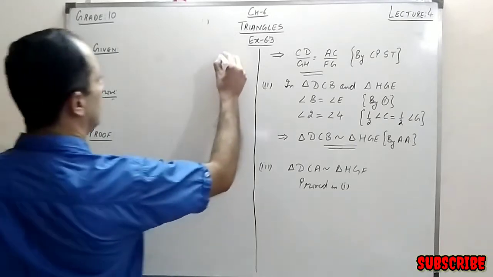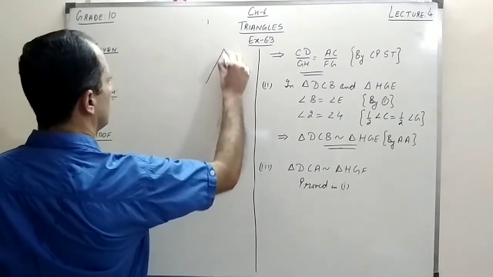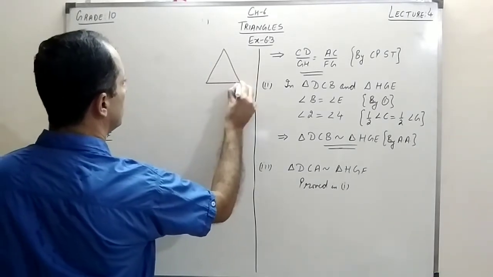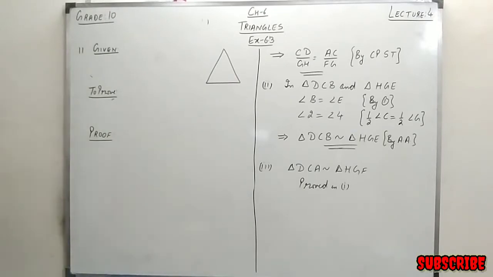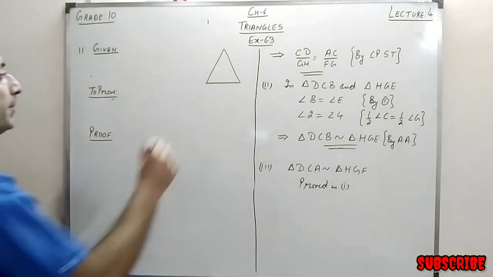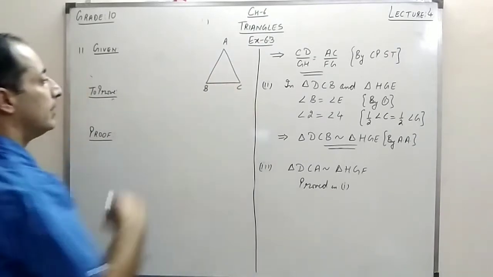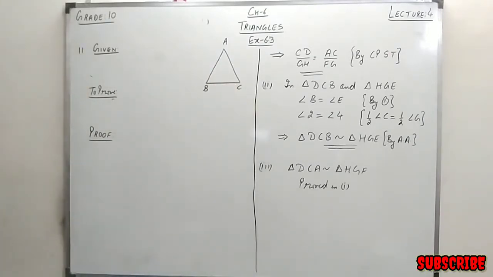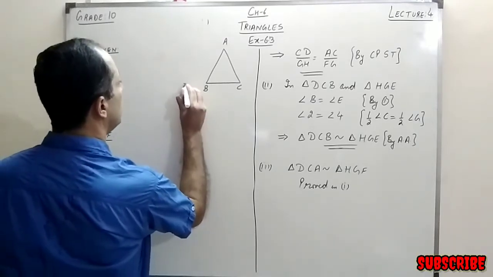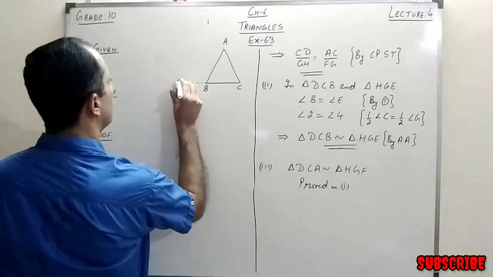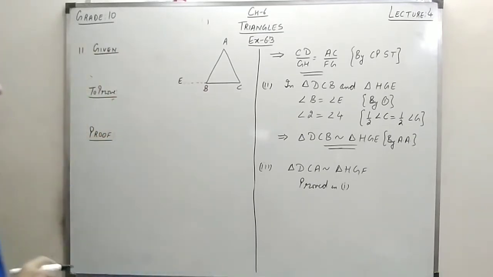So we have a triangle ABC, which is an isosceles triangle ABC. Then what else is given? That CB is produced to a point E. This side CB is produced to point E. This is E. Then what else?